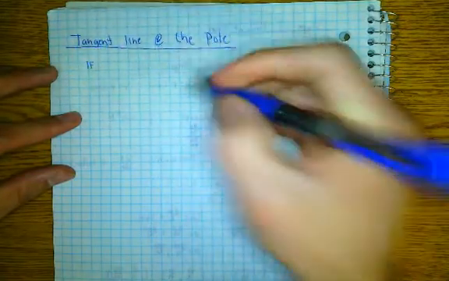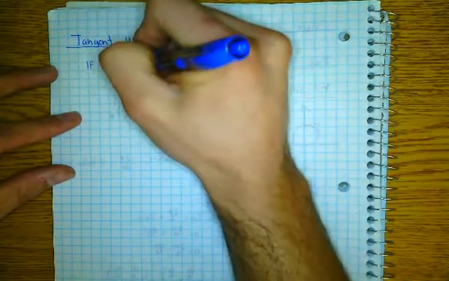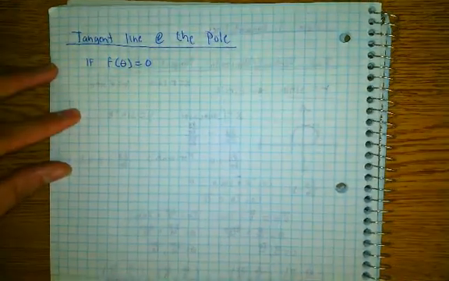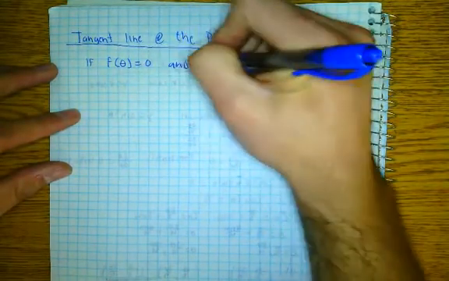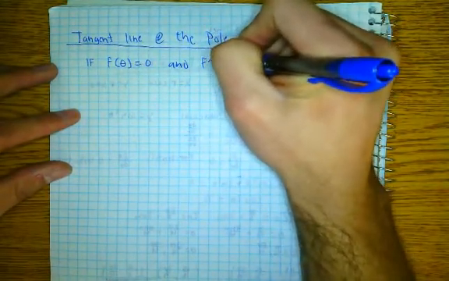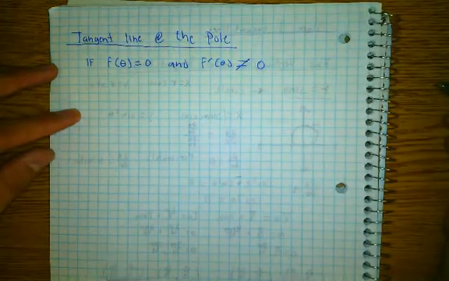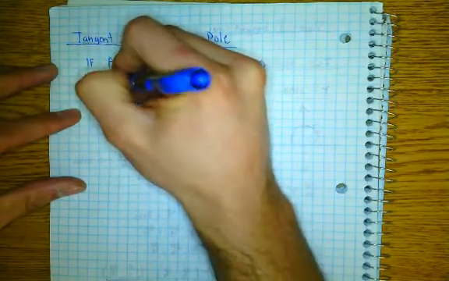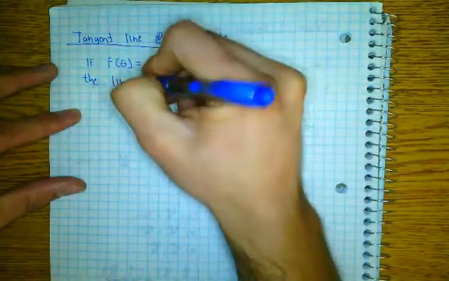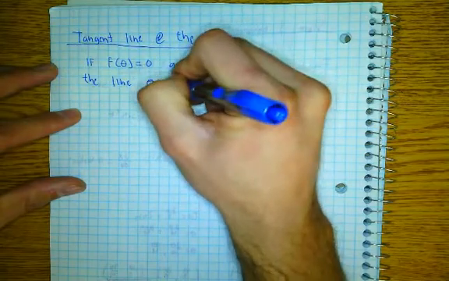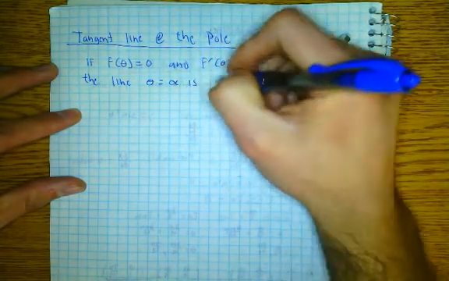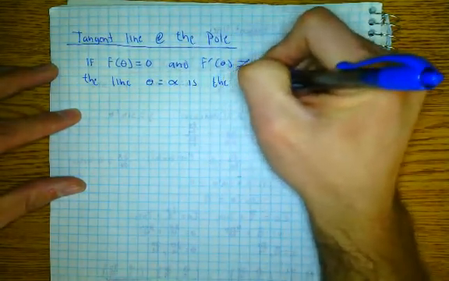If f of theta equals 0 and f prime of theta does not equal 0, the line theta equals alpha is the tangent line.